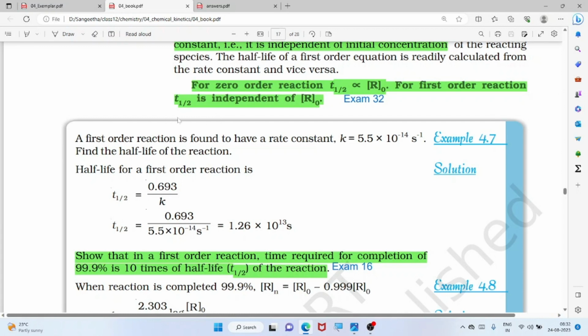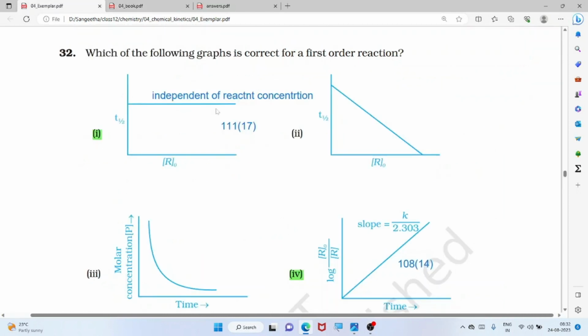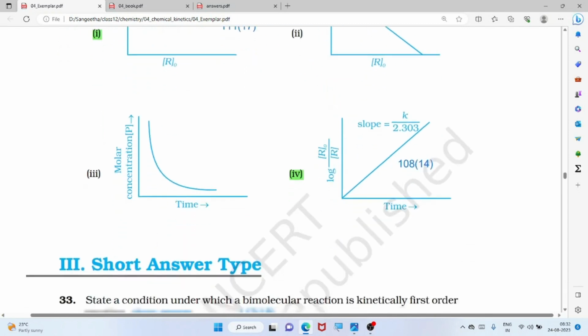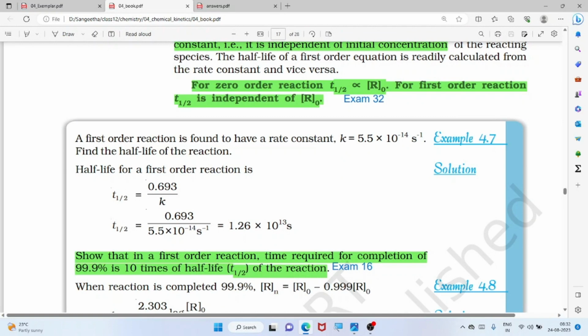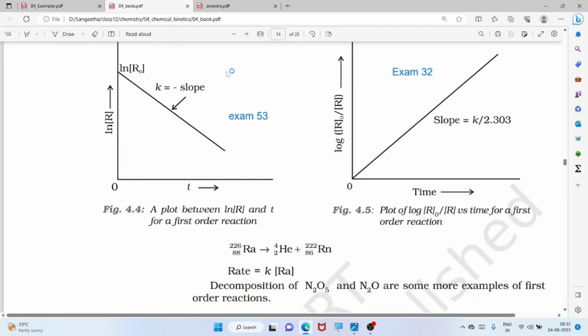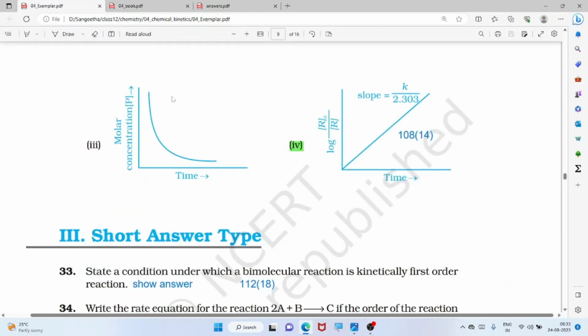For a first order reaction, t half is independent of the concentration of the reactant. That is independent, so it doesn't change. Reaction t half doesn't change with the concentration. Then time versus the log of this for the first order reaction. Time versus log of this, okay, this curve, first order reaction.